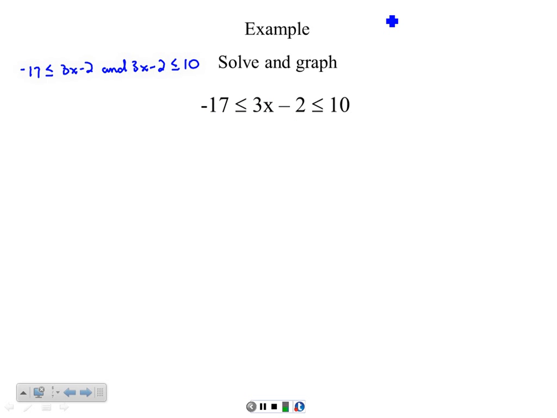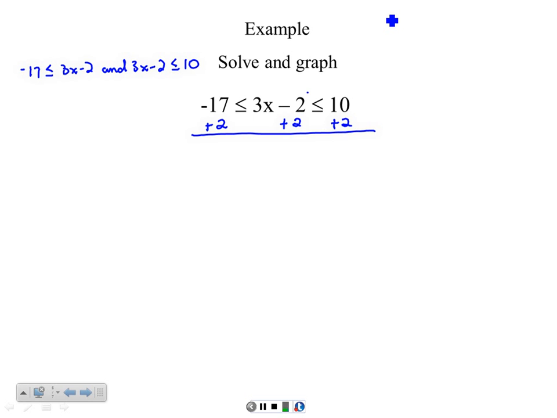Just like a normal equation or inequality, we're going to try to get x by itself. So to get x by itself, we need to get rid of this negative 2. So you know that you would have to add 2. Well, when you do that, you have to add 2 on this side of the inequality, and you have to add 2 on this side of the inequality.